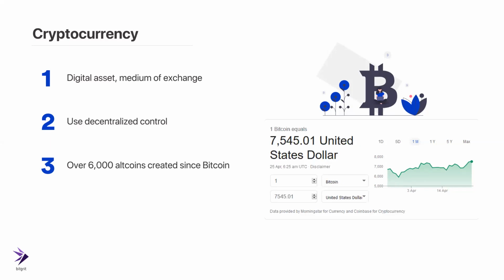Okay, and yes, that is the exchange rate of Bitcoin as of yesterday. So one BTC equals 7545 USD. And this rate is what leads many people to believe that cryptocurrencies are the hottest investment opportunity currently available.